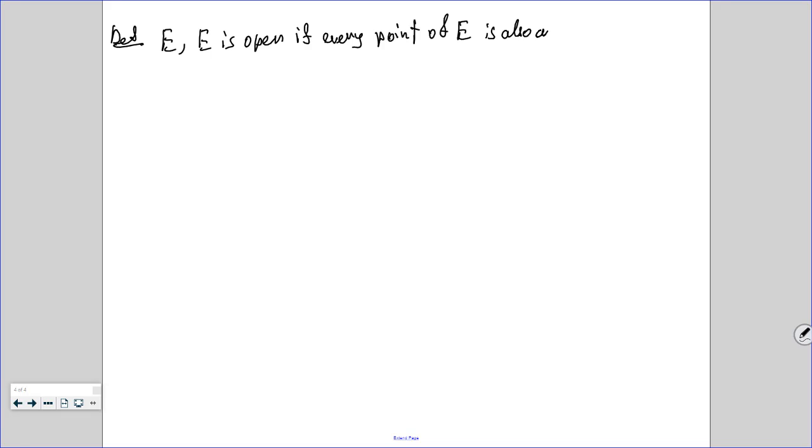Now it's a good time to define open sets. Suppose E is a set of real numbers. Then set E is open if every point of E is also an interior point.